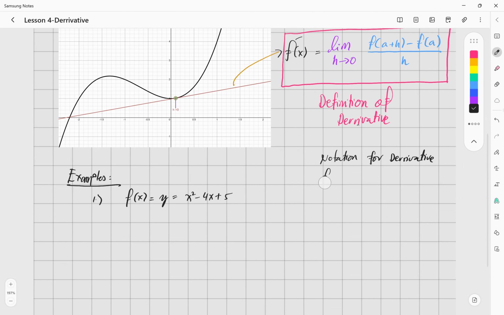Okay, so if the function is represented as f of x, then the derivative symbol people usually write is f prime of x. Okay?